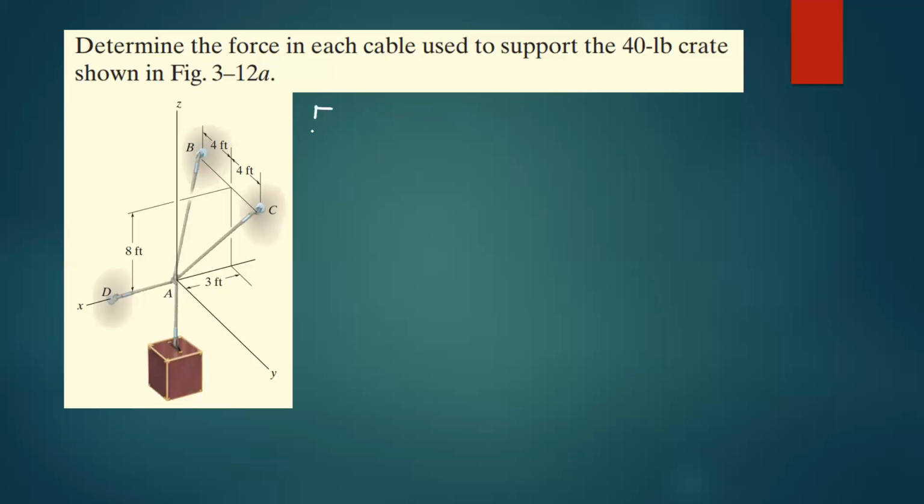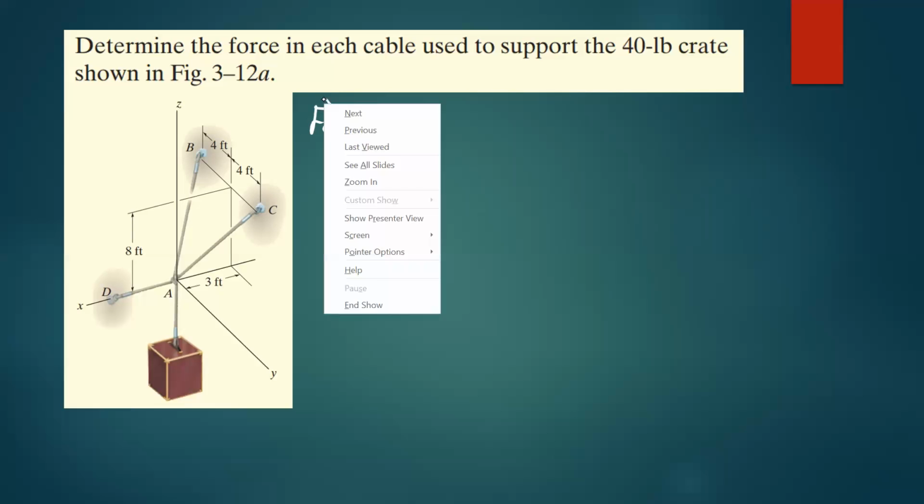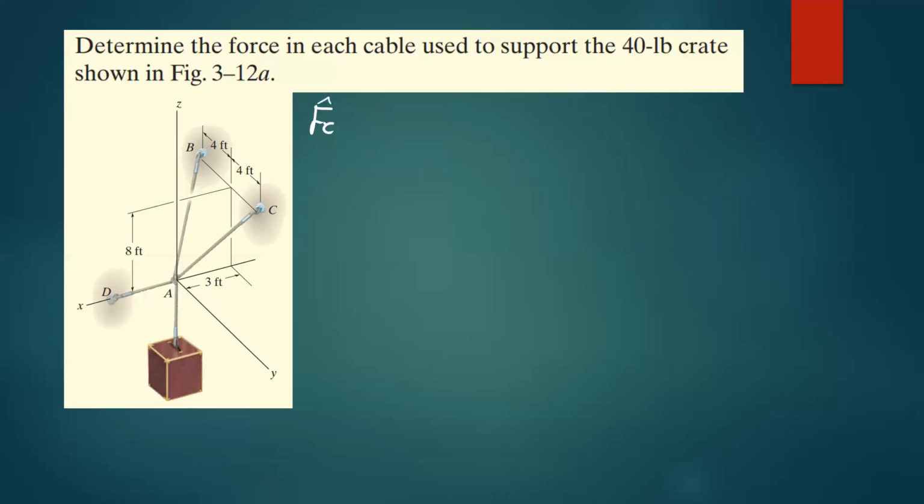The point C, I'll call it FC, or rather the vector along FC. Let me just find the unit vectors in advance. So the unit vector along C is going to be equal to, first we find the coordinate of C in space.